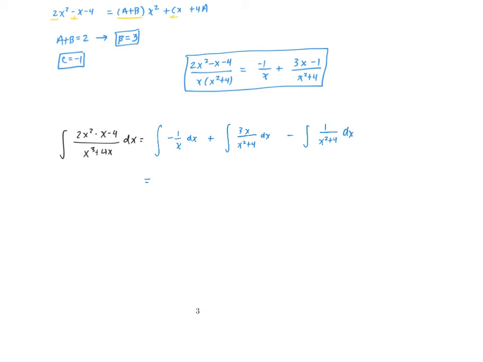And individually, we can anti-differentiate each piece. Minus the natural log absolute value of x plus 3/2 the natural log of the absolute value of x squared plus 4. And note, how did I integrate that? With the substitution.